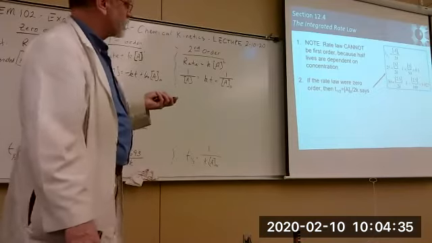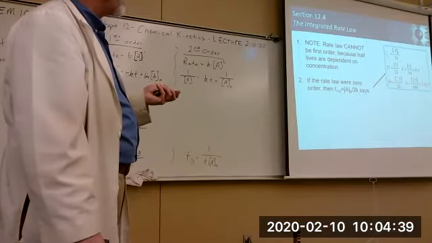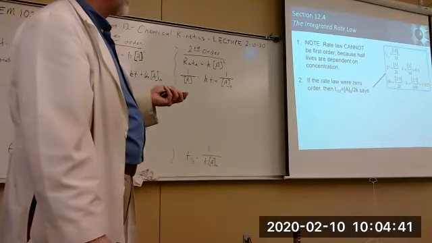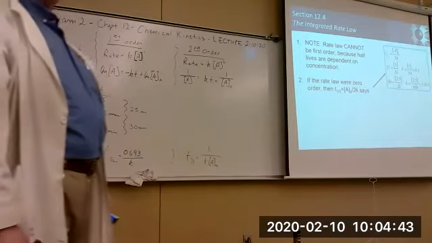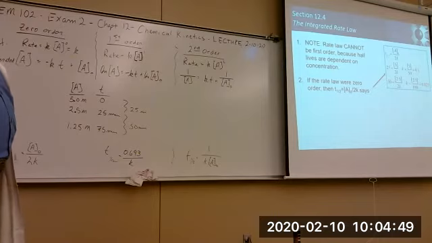So the second calculation says the initial is 2.5, and the half-life is 50. Solve, k is 0.025. It can't be zero order because k is a constant. Okay? So that means it has to be second order by process of elimination.